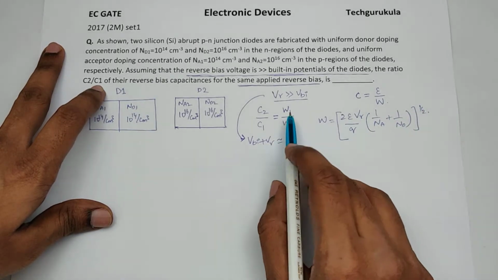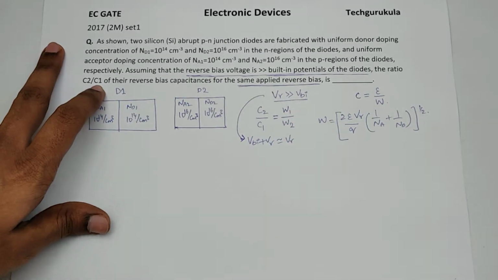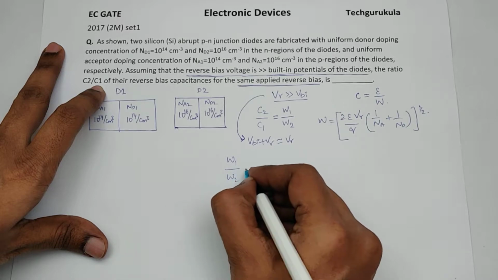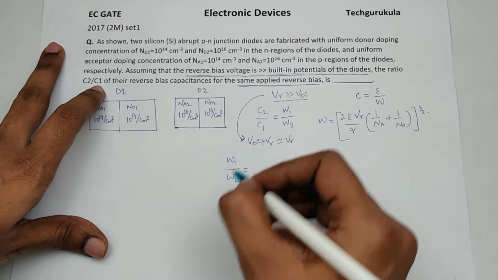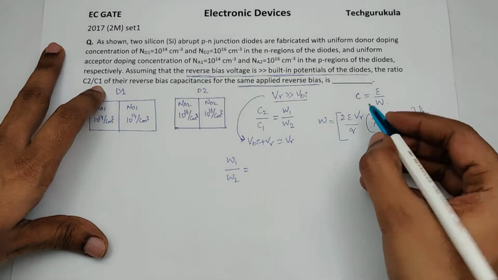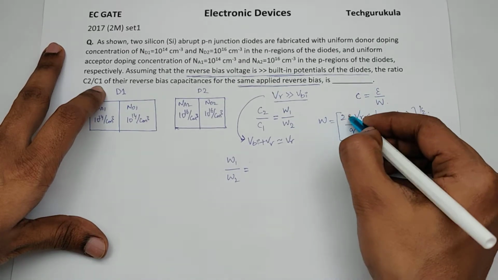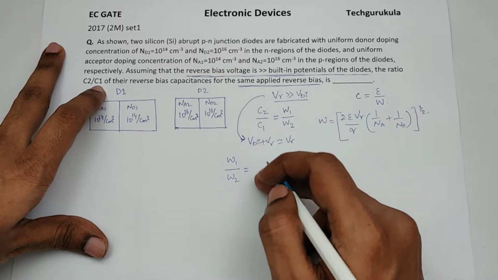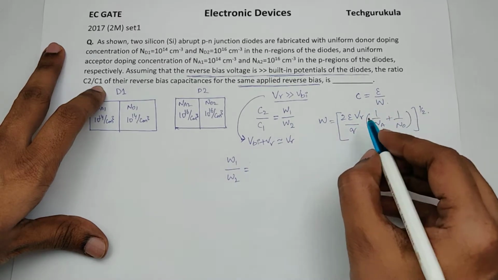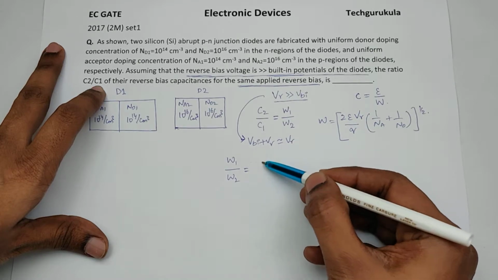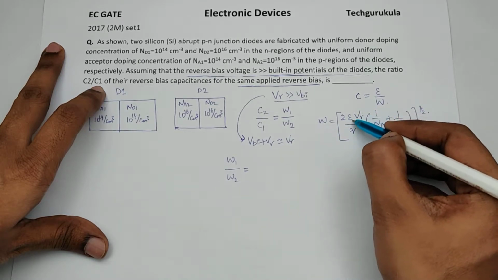Now we need to find what is W1 over W2. If I want to find W1 over W2, that will give me the ratio of C2 by C1. In this case, if I take the ratios of two depletion widths, 2 epsilon gets cancelled, Q gets cancelled. And I have given one condition that same applied reverse bias, which means in both the cases the reverse bias voltage would be same. So they also get cancelled.